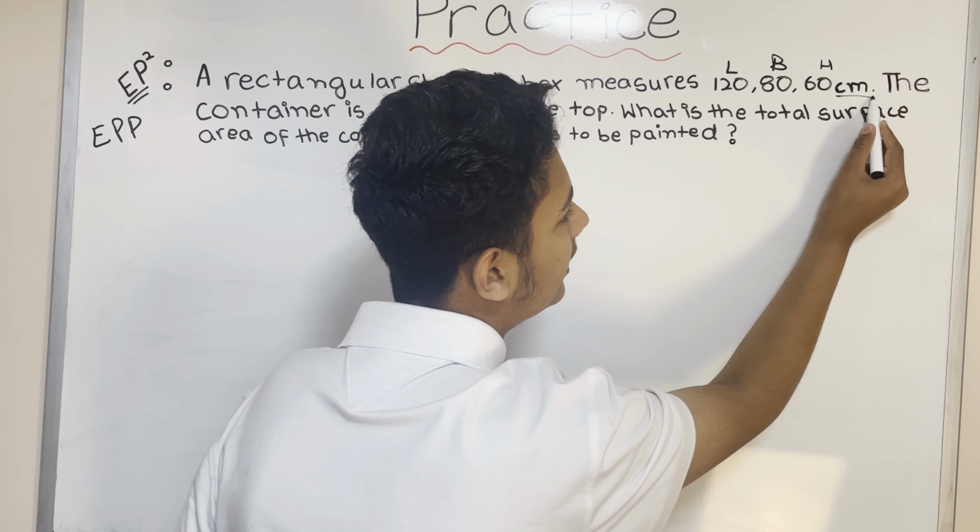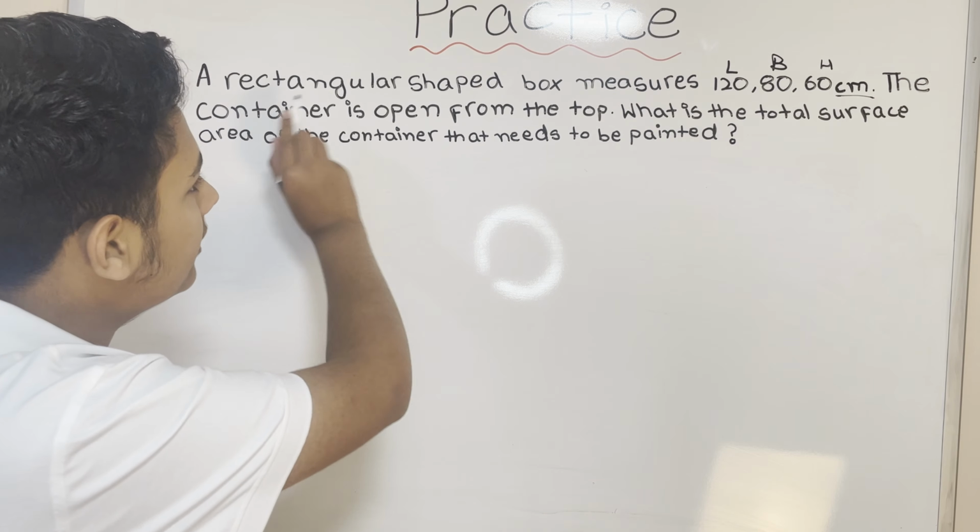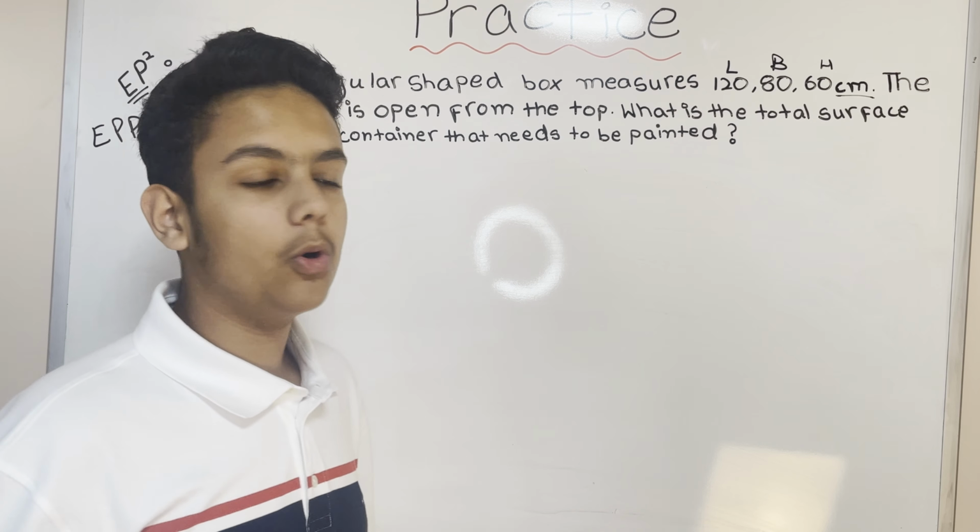And then we have our centimeter, the measures, and this is a rectangular shaped box. That means it's a cuboid.